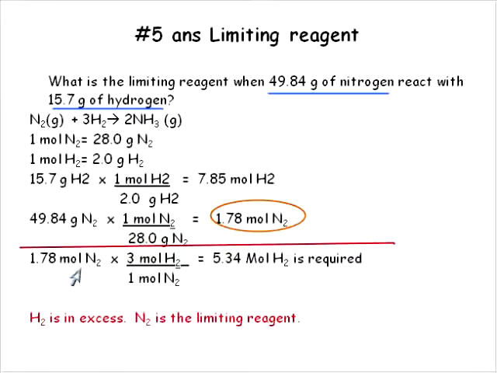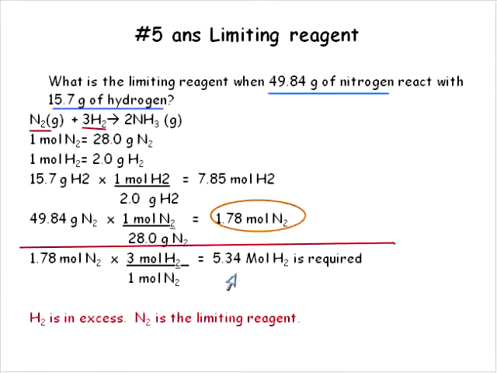So if we use 1.78 moles of nitrogen, looking at nitrogen and hydrogen, for every 3 moles of hydrogen, we need 1 mole of nitrogen. So we multiply 1.78 times 3. This is how much we would need, 5.34 moles of hydrogen. That's how much is required. And we have 7.85 moles of hydrogen.